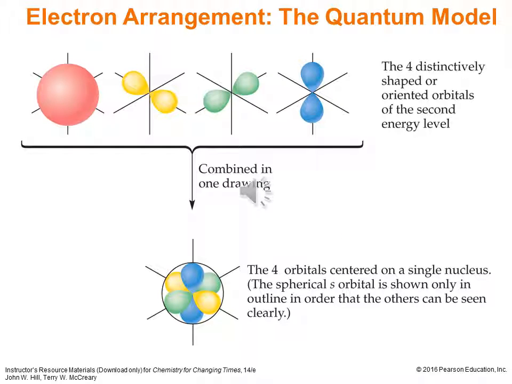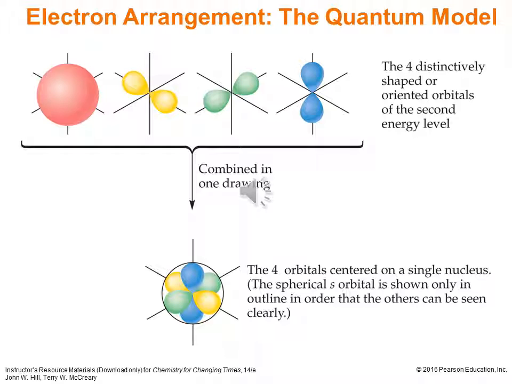And so the earliest ideas about atoms, that they were treated like hard spheres, well, that holds pretty well, even with this sophisticated probability-based quantum model of the atom. We see the s orbital is spherical, so a hard sphere makes sense. And then we see the 3 p-type orbitals, the px, the py, and the pz.